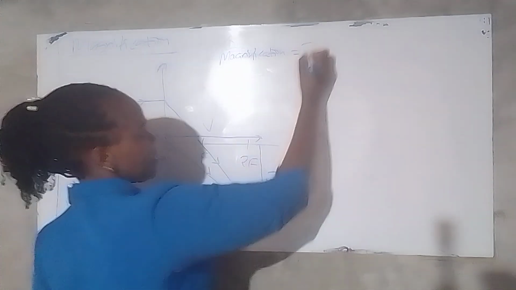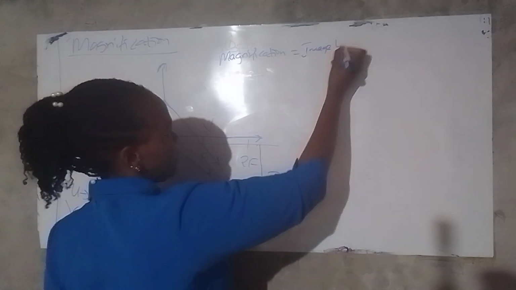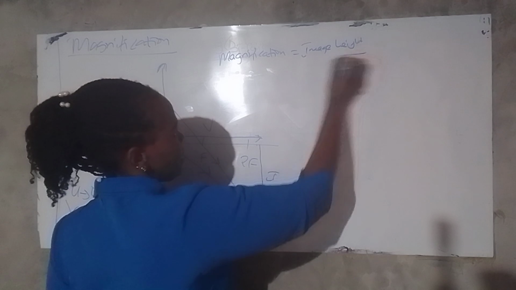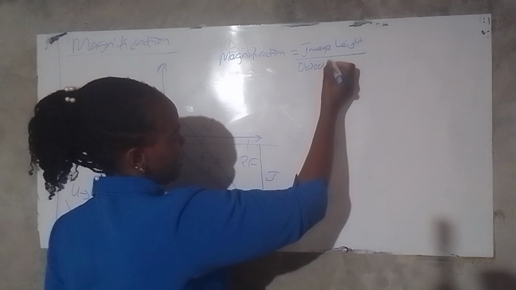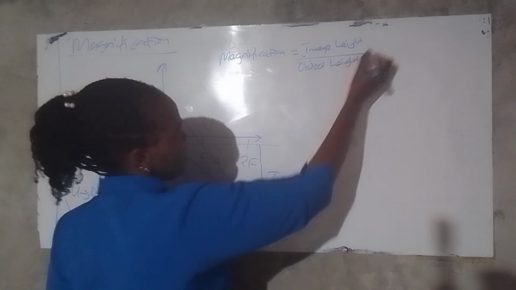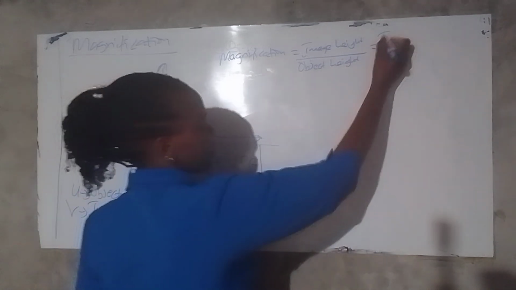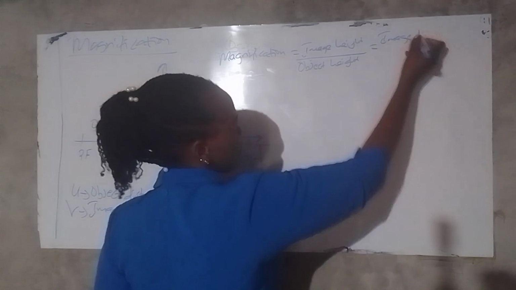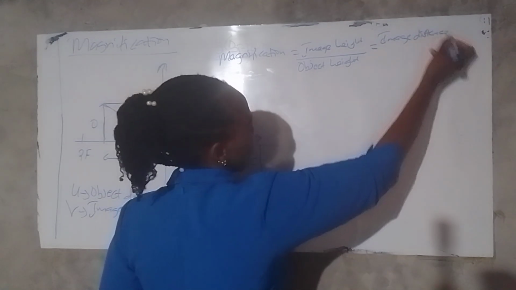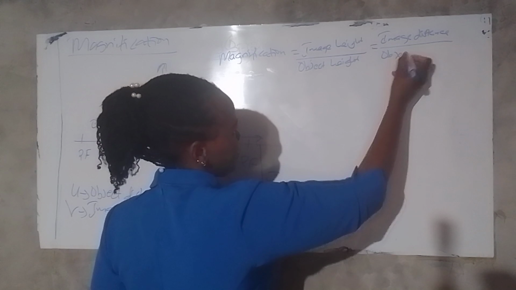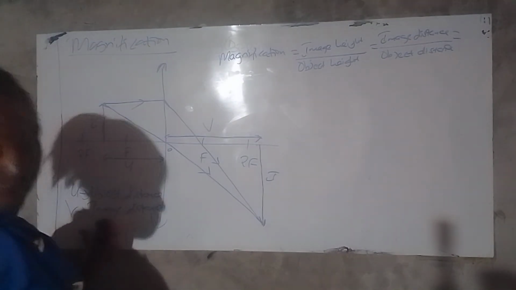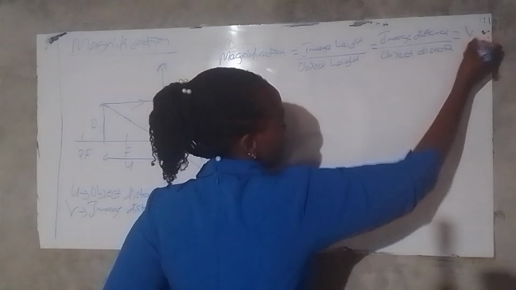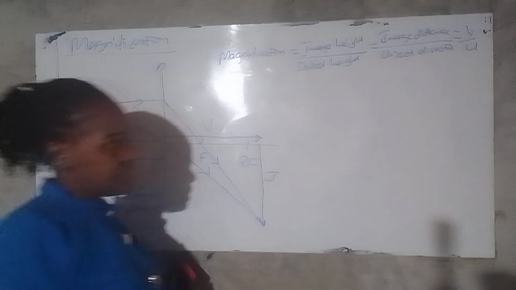So it is image height divided by object height, is also equal to image distance divided by object distance, which is equal to image distance, which we said is V, divided by object distance, which we said is U.